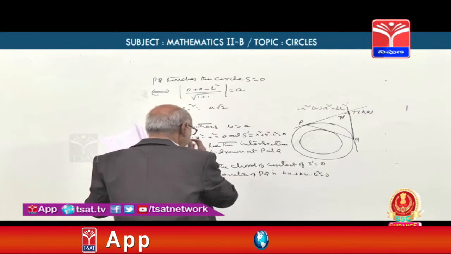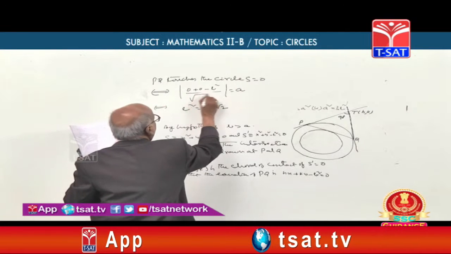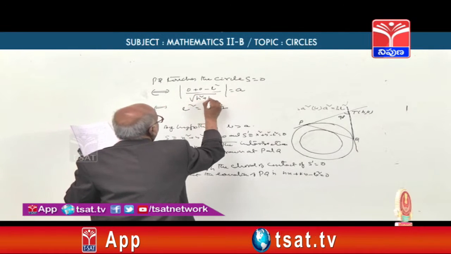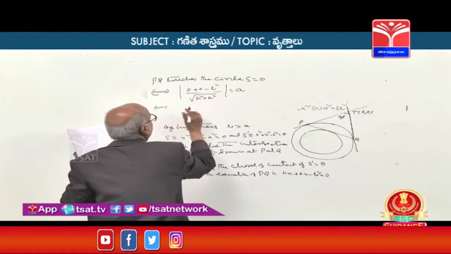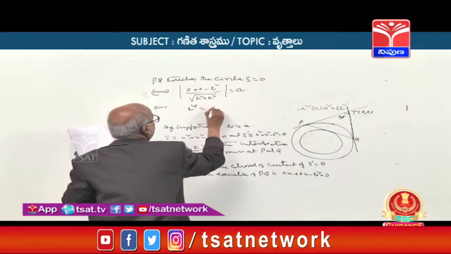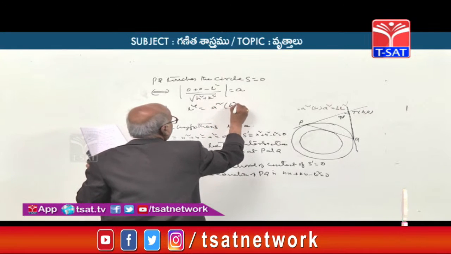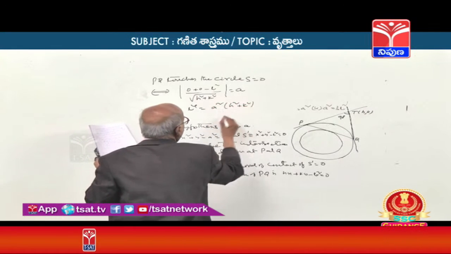B square is equal to A root 2 square root of H square plus K square. H square plus K square is equal to A. So, therefore, B to the power of 4 is equal to A square into H square plus K square.